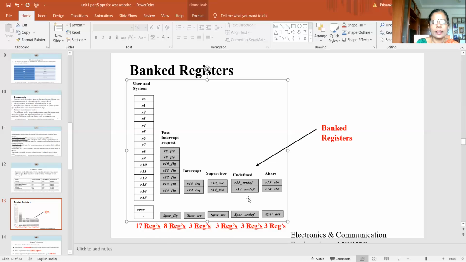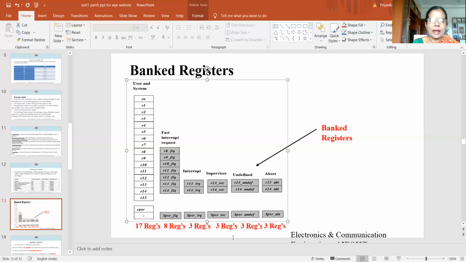Supervisor has got 3. Undefined has got 3. Abort has got 3. Total how many registers? 17 plus 8 is 25, plus 3 is 28, 31, plus 3 is 34, plus 3 is 37. The total number of registers in the ARM processor is 37. Out of 37, 17 are active registers, and the remaining 20 are banked registers.